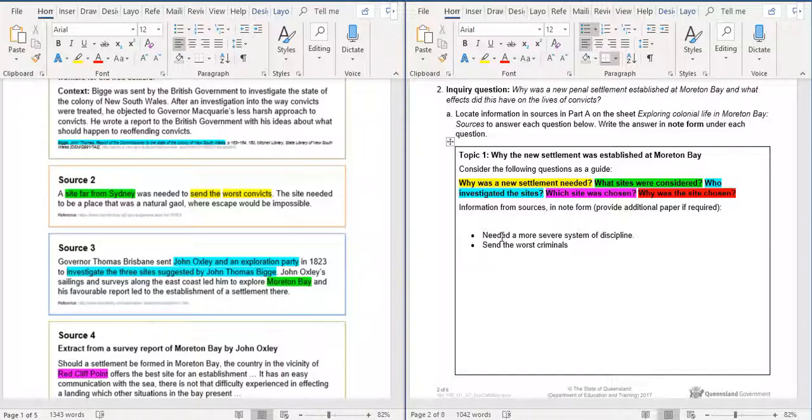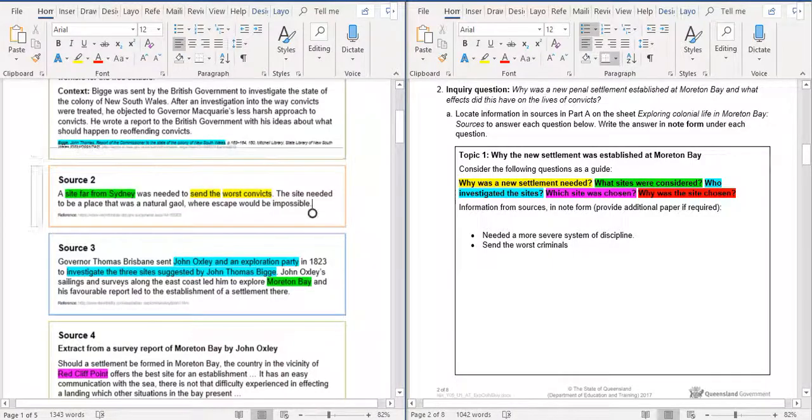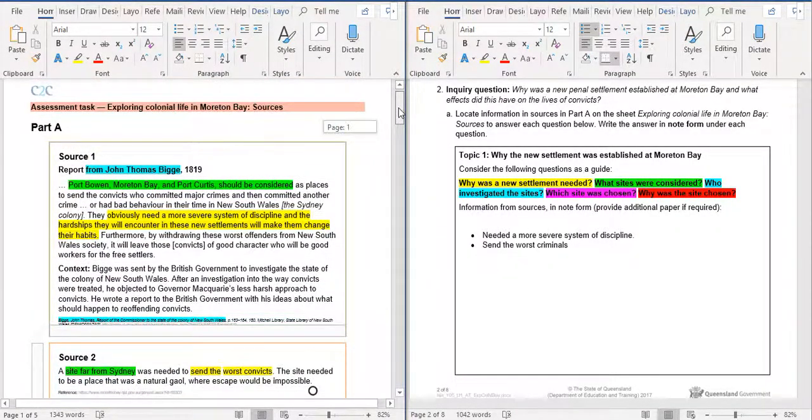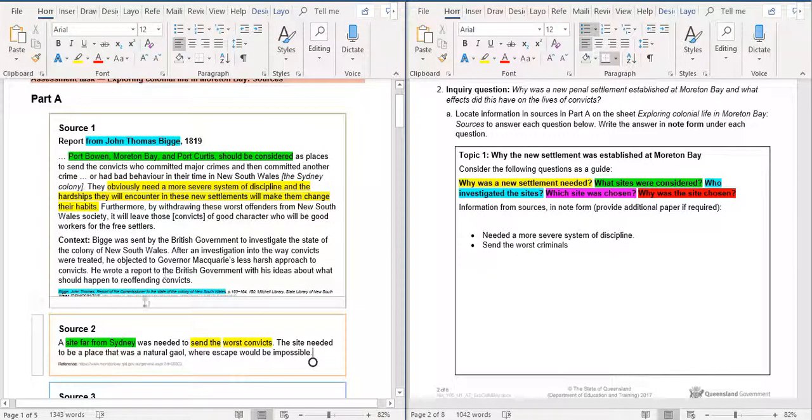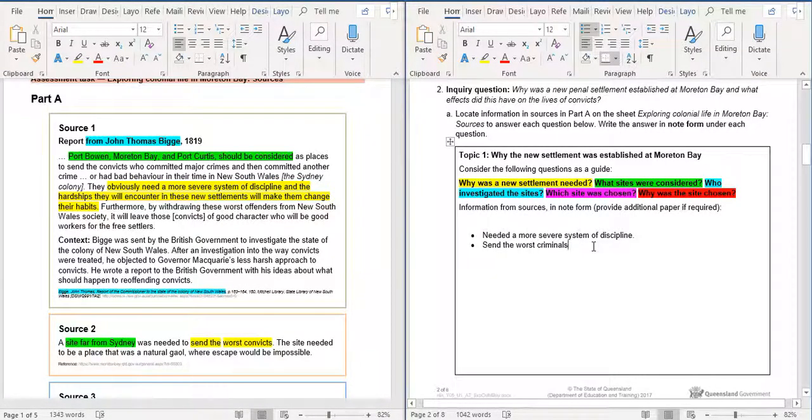All right, so what sites were considered? If we now look at our green highlighting, we can see that we have highlighted a site far from Sydney, and obviously Port Bowen. So it wanted to be far from Sydney. Let's do a capital for Sydney.